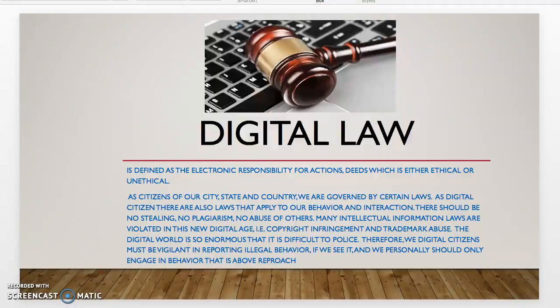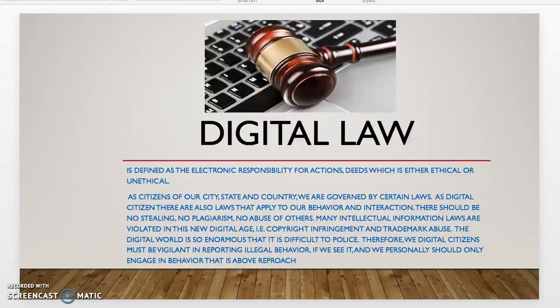As digital citizens, there are also laws that apply to our behavior and interaction. There should be no stealing, no plagiarism, no abuse of others. Many intellectual information laws are violated in this new digital age. For example, copyright infringement and trademark abuse.